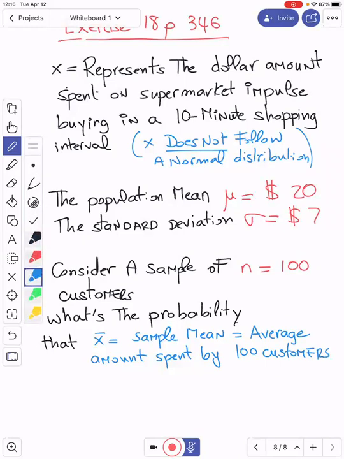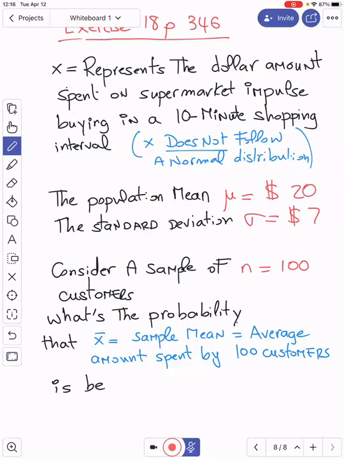So what's the probability that this X bar, which is the sample mean, is between $18 and $22?